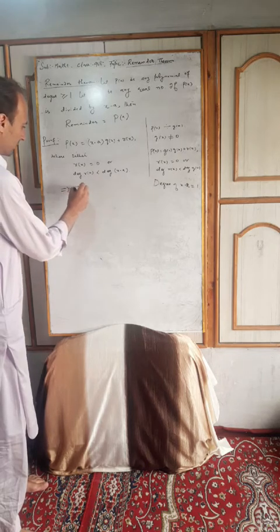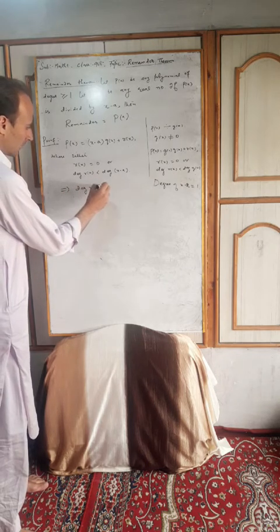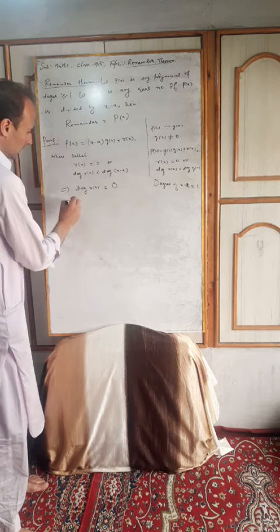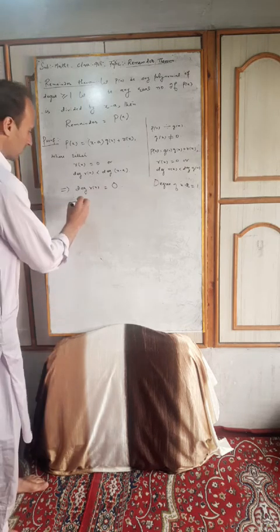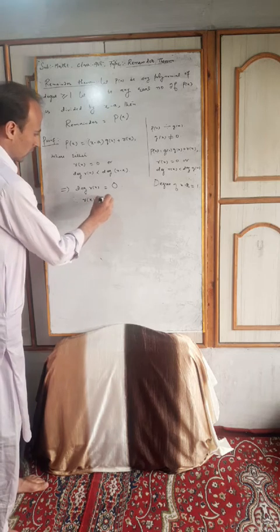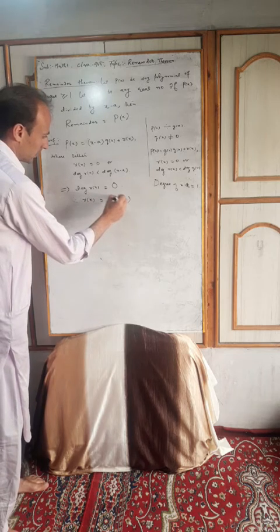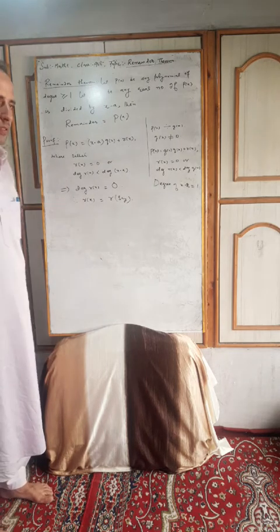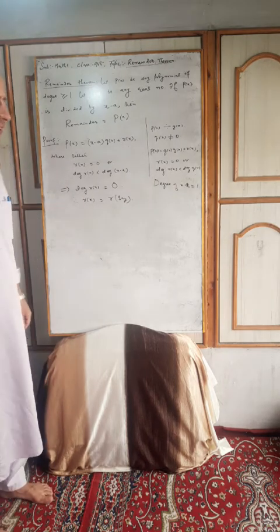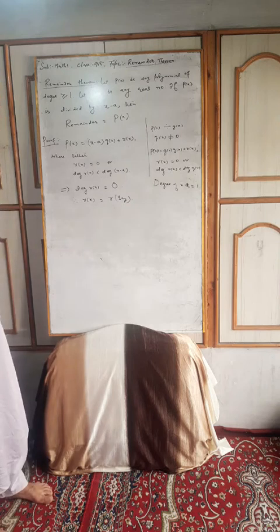Therefore, r of x should be a constant polynomial. Say r of x is equal to r, because the degree of the constant polynomial is always equal to 0.